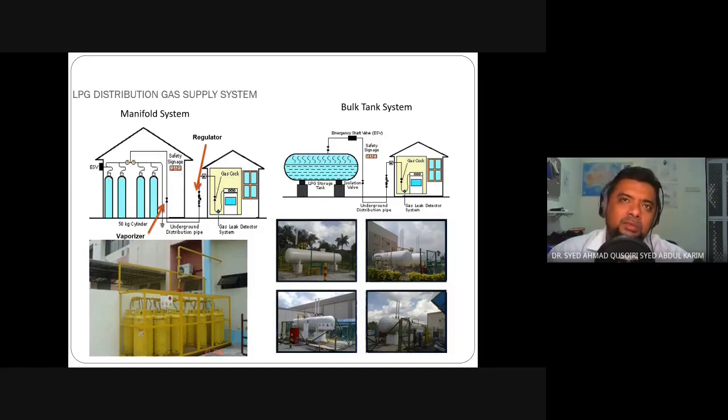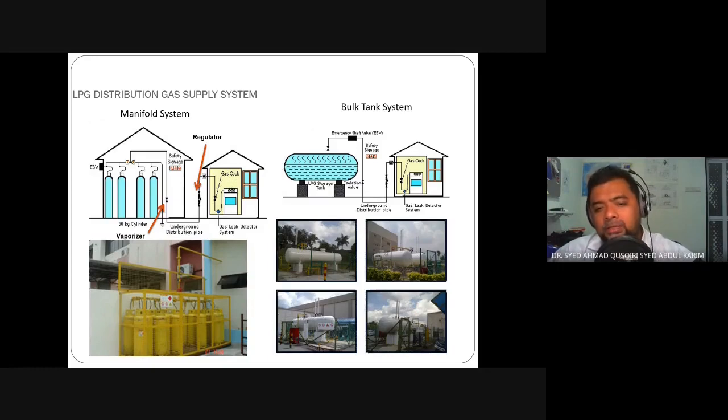Usually we see the manifold system behind restaurants, but we can also see it behind shopping complexes because they use the manifold to supply gas to their food courts. But for very large shopping malls with a lot of food courts, they might need to upgrade from a manifold to a bulk tank system.